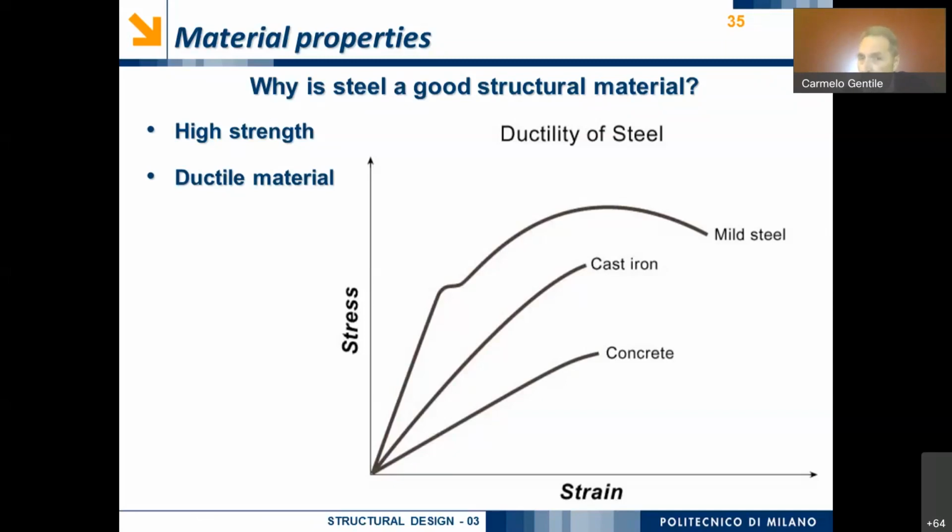For example, in bridges, now in Italy, we use more or less steel. The concrete is used just for the roadway, for the slab, but not for the main beam.